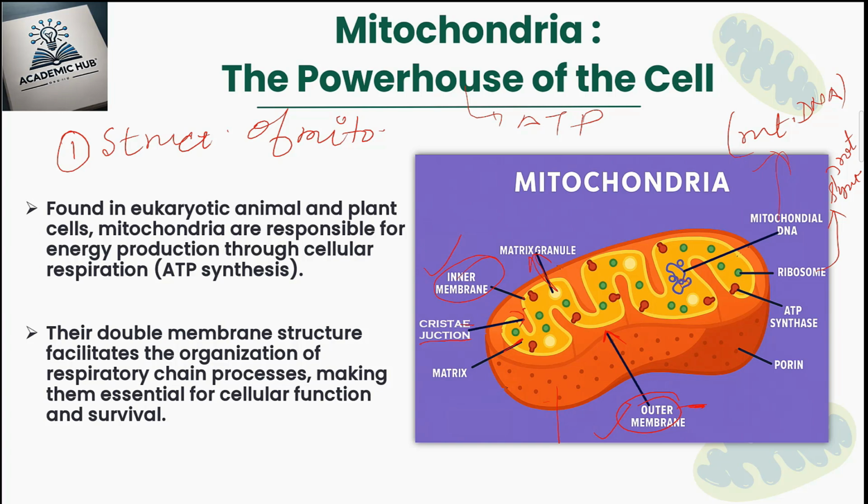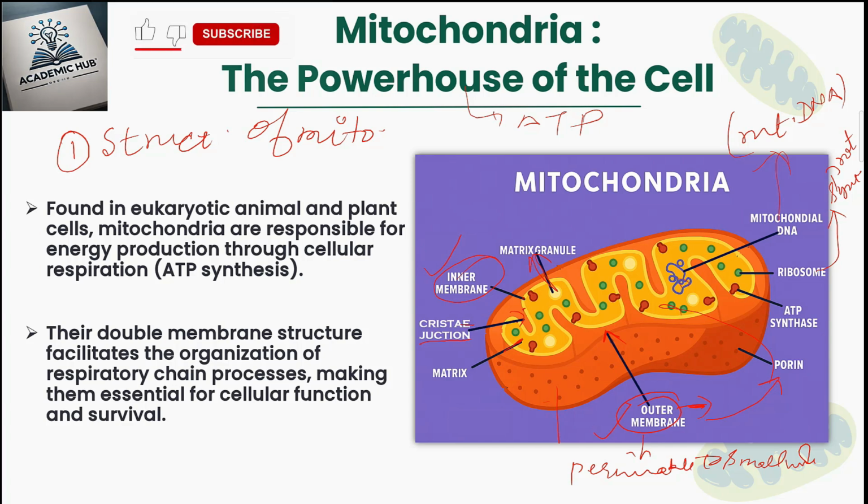Outer membrane is smooth and permeable to small molecules, and it contains porins. Porins, as I already said, allow the movement of ions and nutrients to pass into the mitochondria.